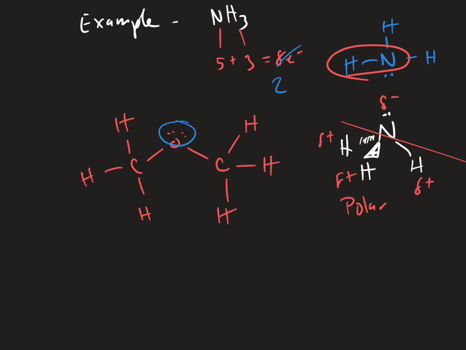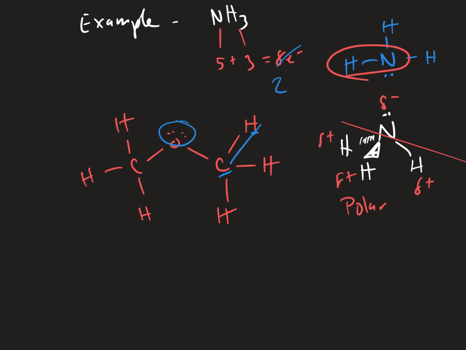You think dipole-dipole? Why? Doesn't matter if it has two lone pairs or one lone pair. Yeah. It's bonded to two central atoms? Nope, that's not why. Because hydrogen's bonded to carbon. Hydrogen is bonded to carbon, not oxygen, nitrogen, or fluorine.